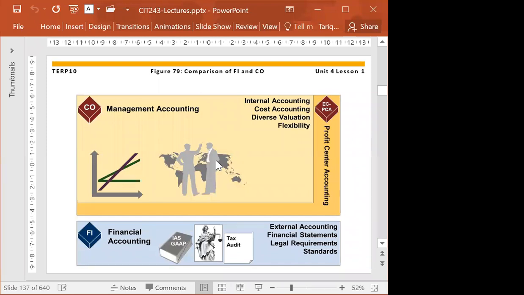If you see in this picture, financial accounting has a code word FI, and management accounting is CO. If you combine them, this is known as FICO, and SAP people usually use it for finance and controlling. Management accounting is basically profit center accounting. We can create different profit centers in management accounting, and then we can look at the profitability and loss on those particular profit centers.